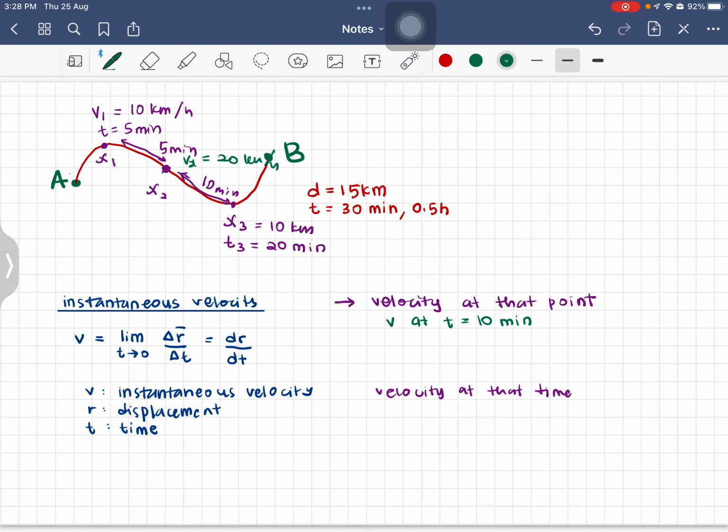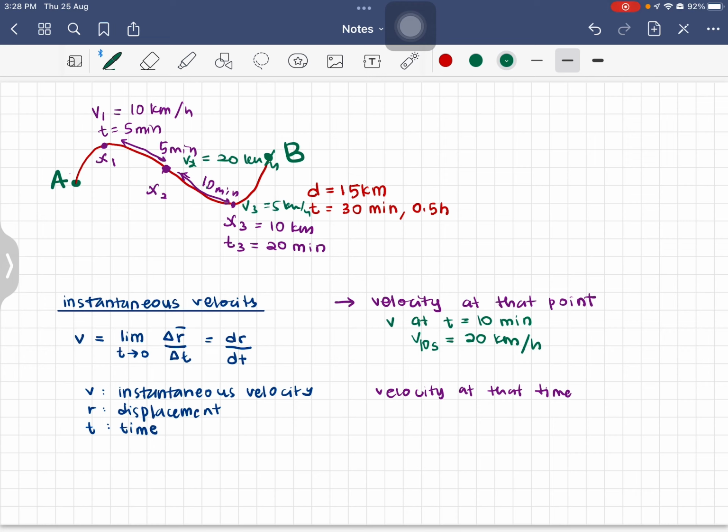And at X3, you look at your speedometer, you are at 5 km per hour. The position after 10 minutes is X2. When you look at your speedometer, it is 20 km per hour. So we say your V at 10 minutes is equal to 20 km per hour.